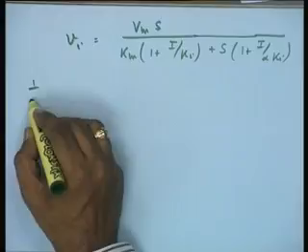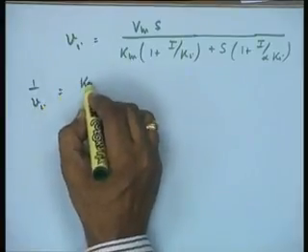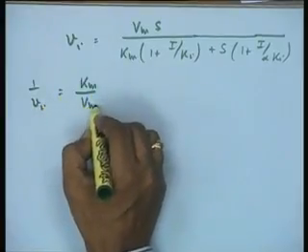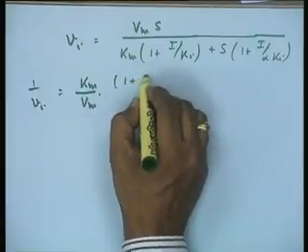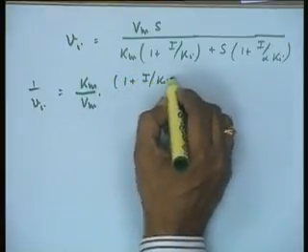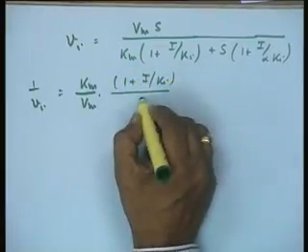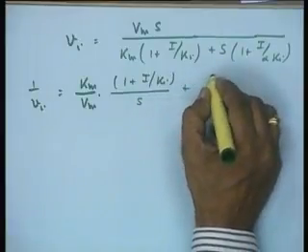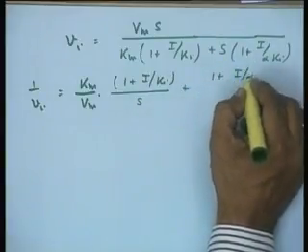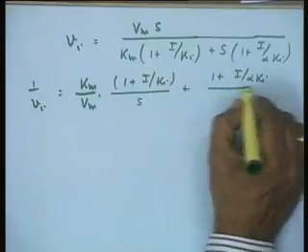And 1 upon VI is Km over Vm into (1 plus I over KI) upon S, plus (1 plus I over alpha KI) upon Vm.